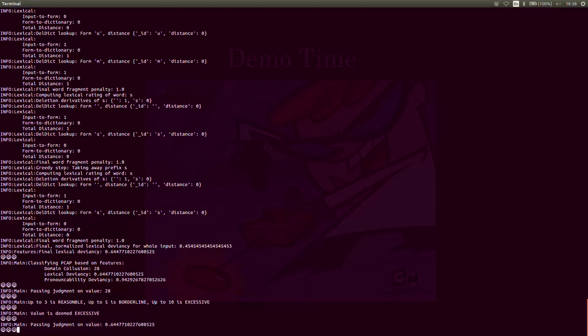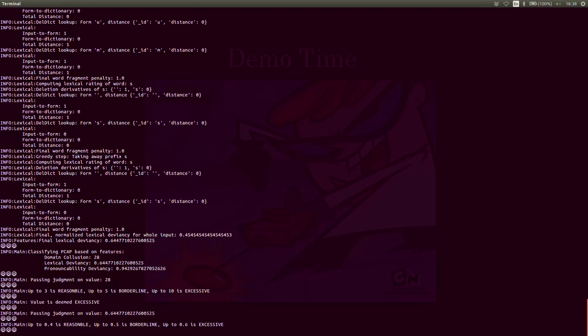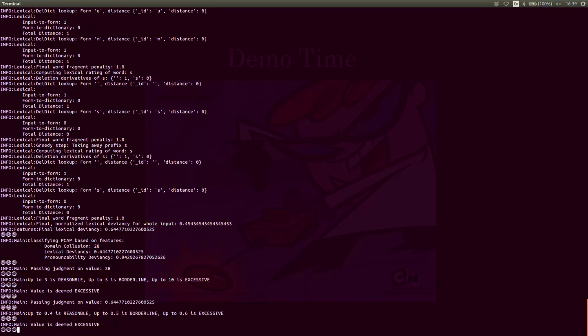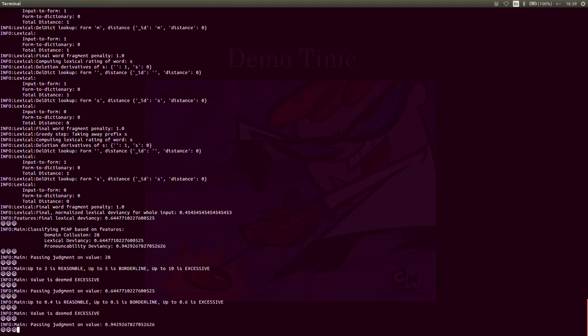Now, as for the closeness to a concatenation of words in the dictionary, it looks at the value. Later, I'm going to tell you where the parameters for the classifier came from. It looks at it and says that's also excessive. It's not close to concatenations of words in the dictionary at all. And finally, it's going to look at the pronounceability deviancy, how likely the pairs of letters that appeared seem to be.